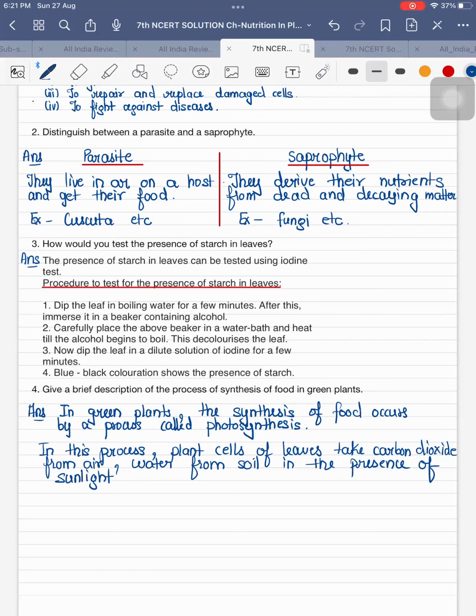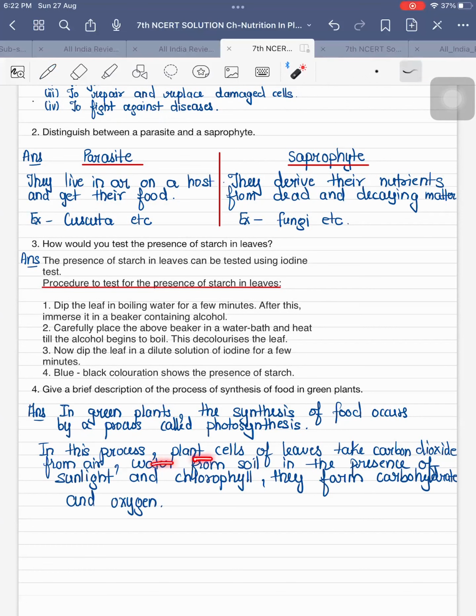So we can write in the presence of sunlight and chlorophyll, they form carbohydrate, which is food in the form of glucose, and release oxygen gas back into the air. So in this process, plant cells of leaves take carbon dioxide from air, water from soil. In the presence of sunlight and chlorophyll, they form carbohydrate and oxygen.